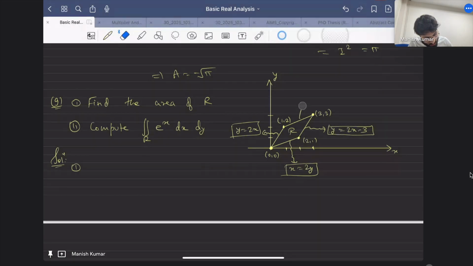Again we'll do the same thing. y minus 2 upon 1 equals x minus 1 upon 2. So x equals 2y minus 3, right? Or let me write it this way, 2y minus x minus 3 equals 0. So let me write all the equations in the same way.